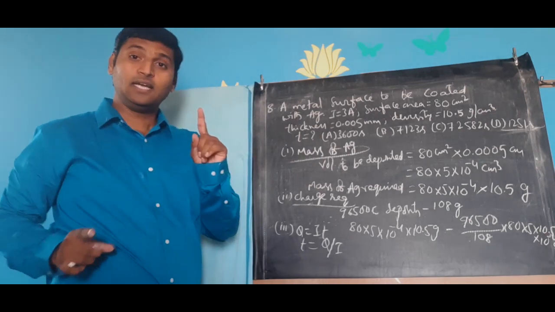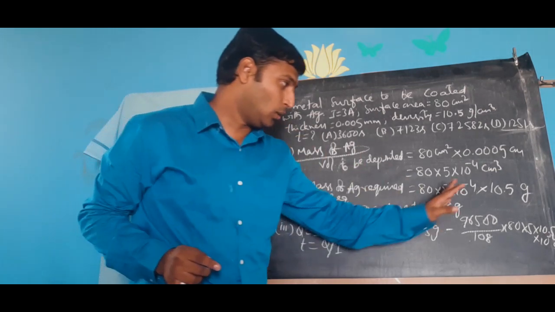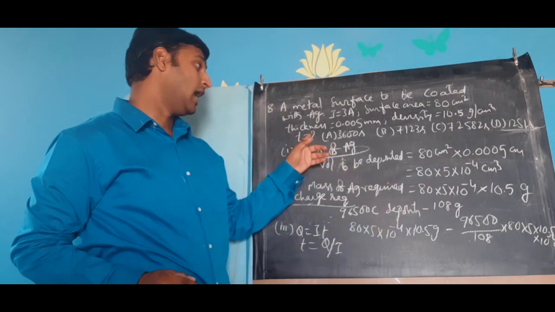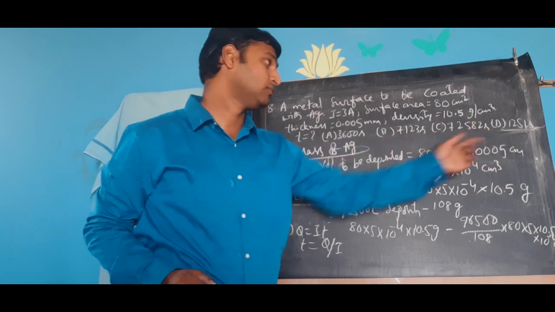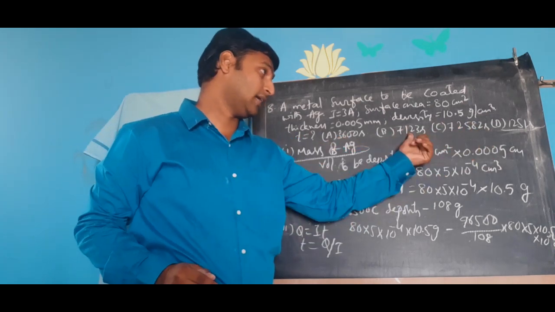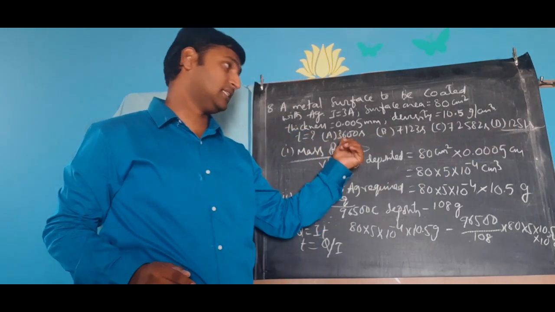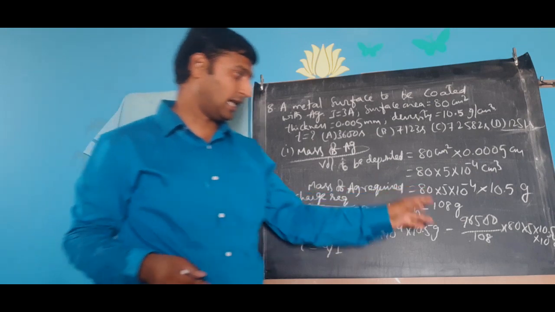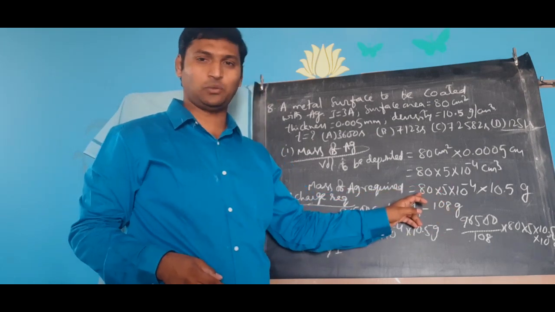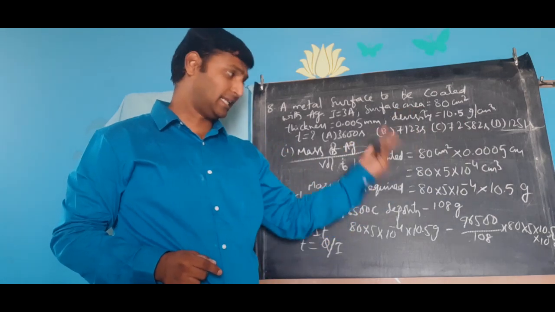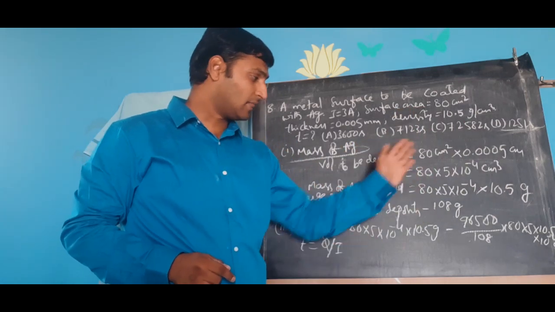And again, see, don't struggle too much to calculate accurately because options are quite far away from each other. See, this is 3600, this is almost double of it, and this is almost 10 times of this, and this is less than half of it. So since options are quite far away, if I were given a chance, I'll calculate like this. See, 5 into 8 you can do easily. 10.5 I'll take as 11 or 10 to make it easier, and then simplify accordingly.